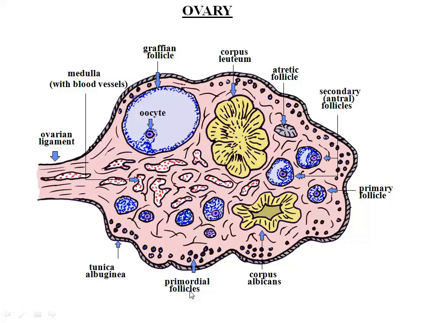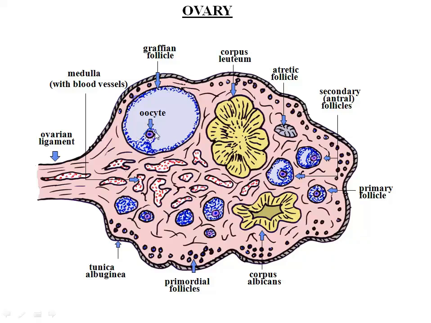Thereafter you can see the development of the primary follicle, then the secondary follicles. After the secondary follicle comes the tertiary follicle, also called a Graafian follicle. This is the final structure of a follicle, which is now ready to eject the ovum.